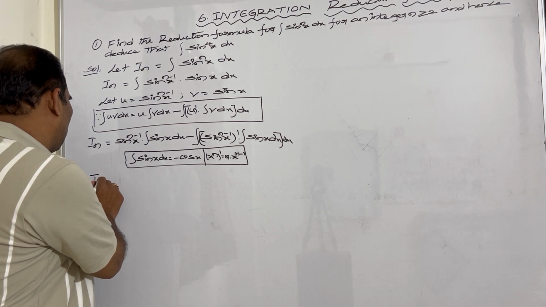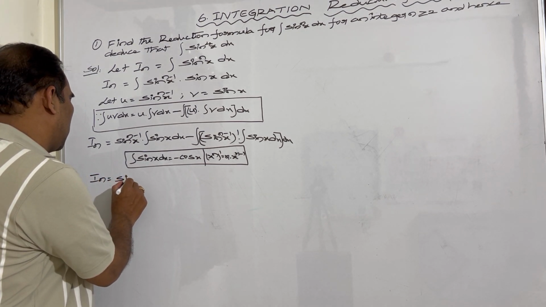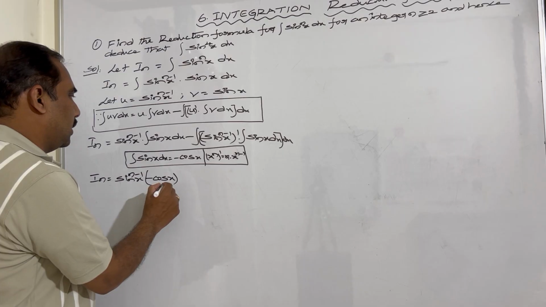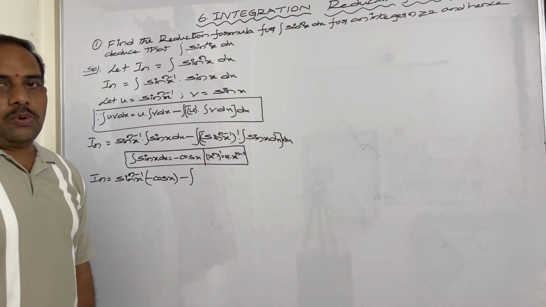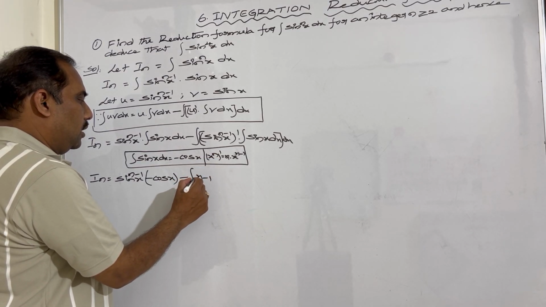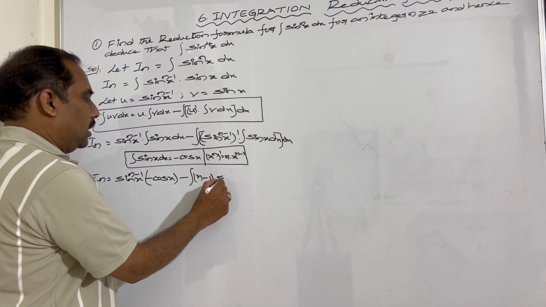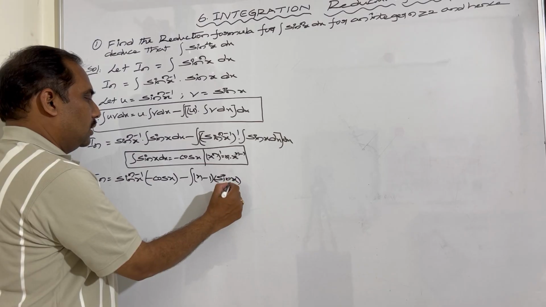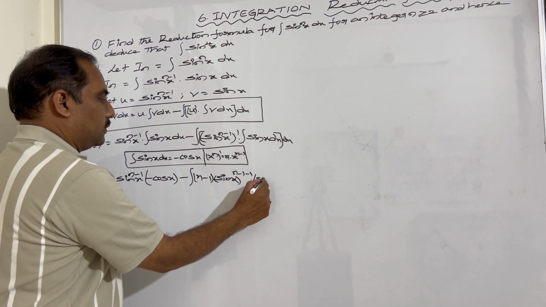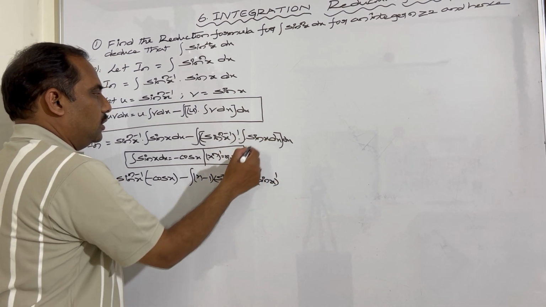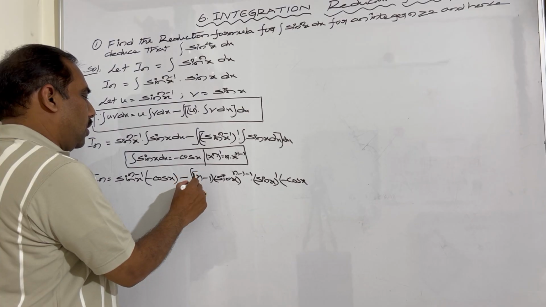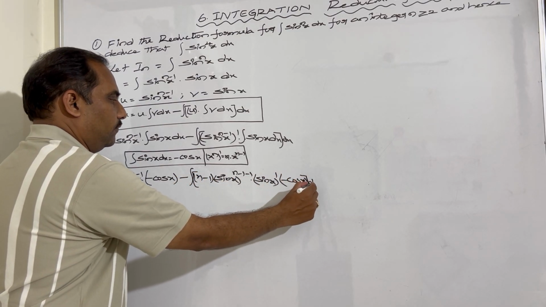So now I_n is equal to sin x power n minus 1 as it is, into the integral of sin x, which is minus cos x, minus the integral of the derivative, n minus 1 into sin x power n minus 2 into the derivative of sin x, into minus cos x, dx.